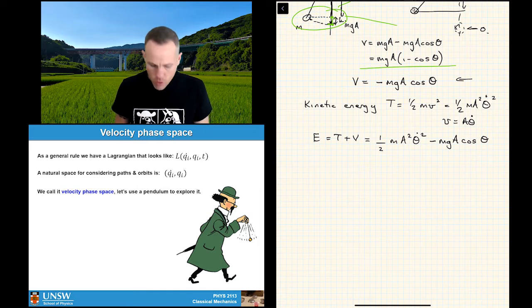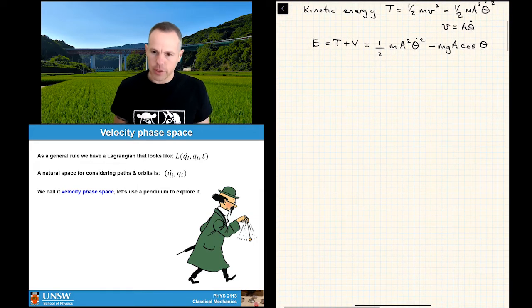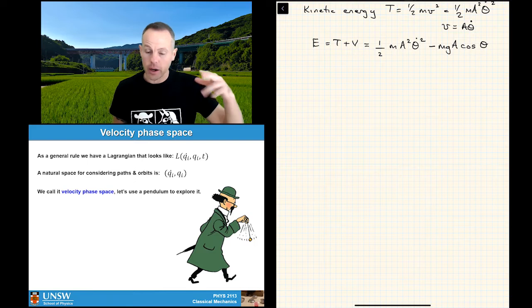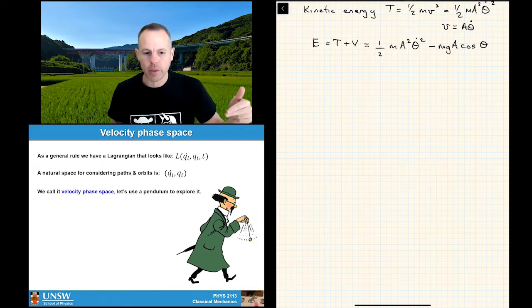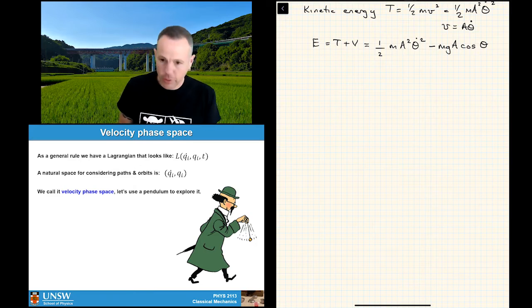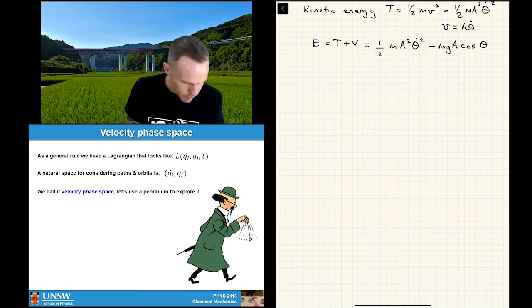Okay, so we can draw an energy diagram for this, and I know I was just talking about velocity phase spaces, but I'm going to want to set this up by looking at the energy diagram first so I can understand where the behaviors are coming from, and then I'll show you the velocity phase space diagram. The velocity phase space diagram will make a lot more sense if we've done it. So we don't need to do this, but it's helpful for the argument.